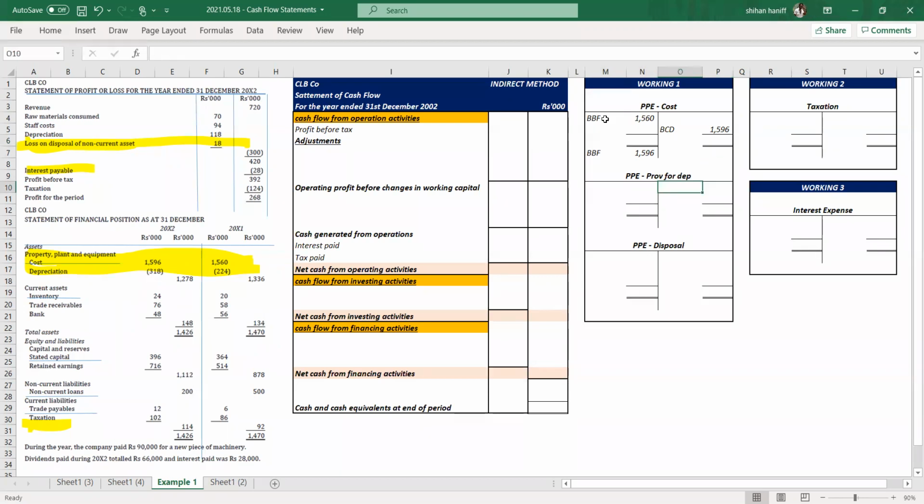Provision, opening provision is 224. Closing provision is 380. Right? And there is a new purchase of PPE, which is given as an additional information. During the year, the company paid 90,000 for new piece of machinery. That is cash.